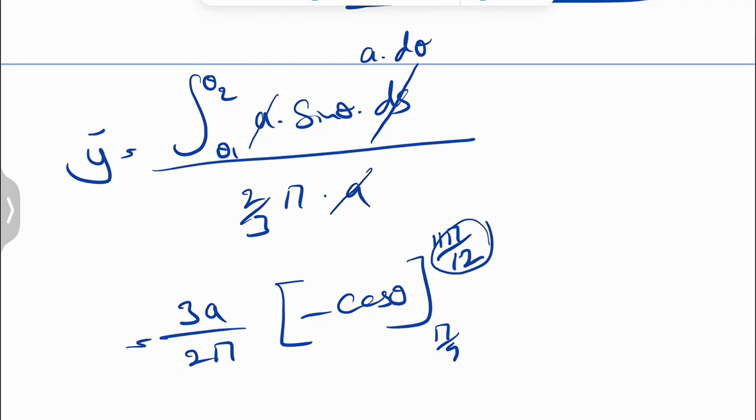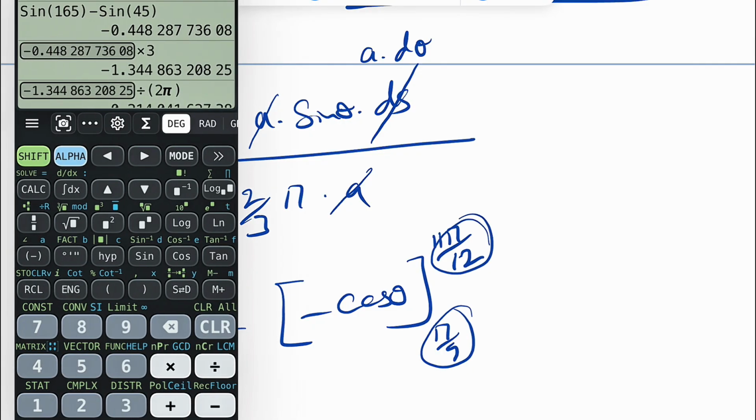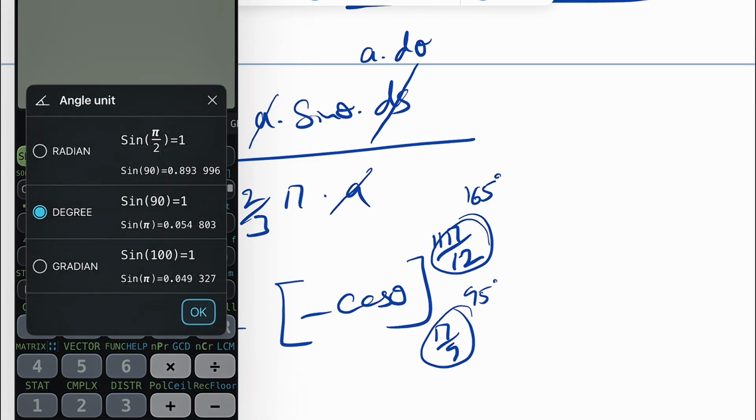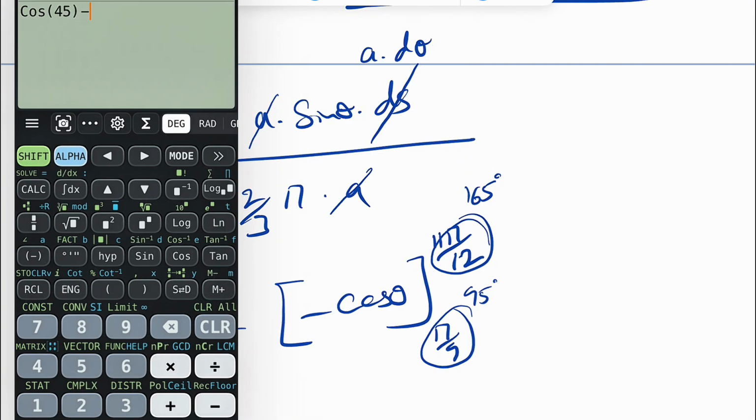Keep in mind your calculator, these are radians now. My calculator now is set to degrees. So if you want to go with that, switch to radian or just put the values of 165 degrees or 45. So let's see what we get. So it's going to be cosine of 45 minus cosine of 165.